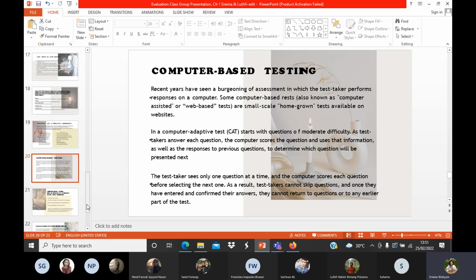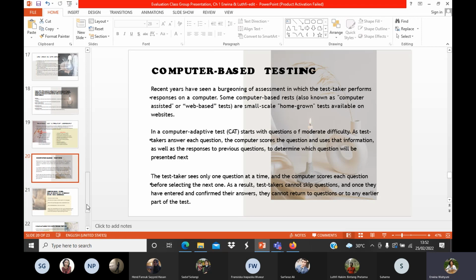So it's practical and it is less time consuming. So here are some features of this computer-based testing, and what is very popular is called CAT, Computer Adaptive Test.